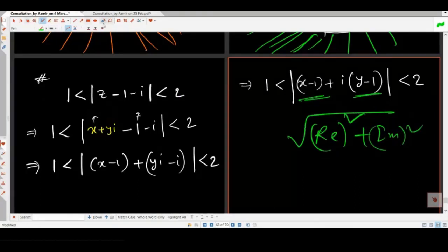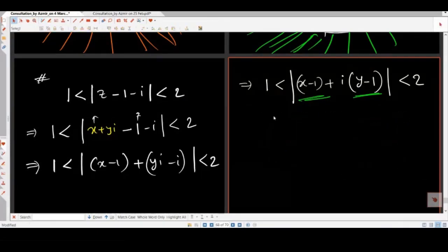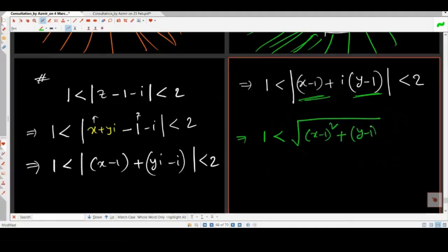So we can do it this way: 1 less than the square root of real part squared plus imaginary part squared. See, I haven't written i here because it does not go with the concept. You only have to keep real part squared plus imaginary part squared. So be careful.